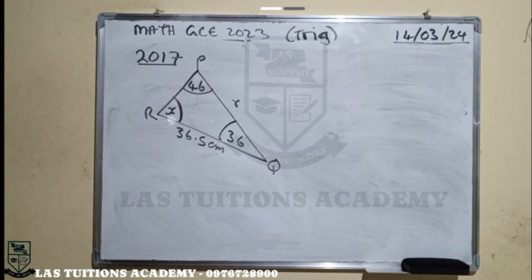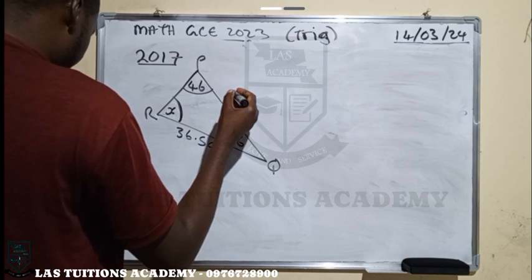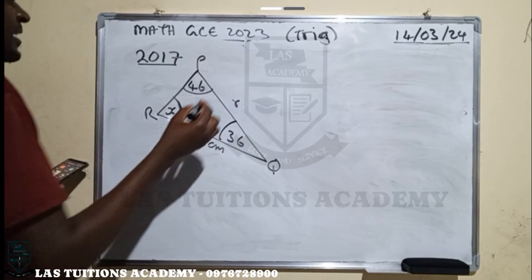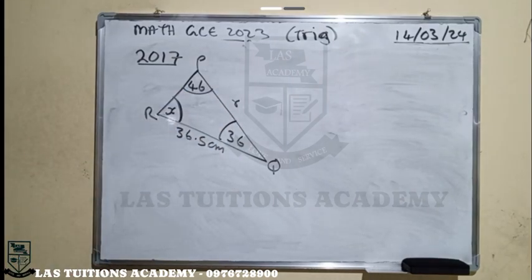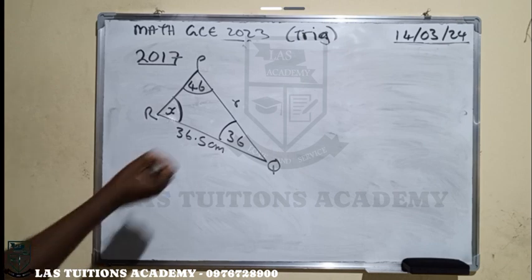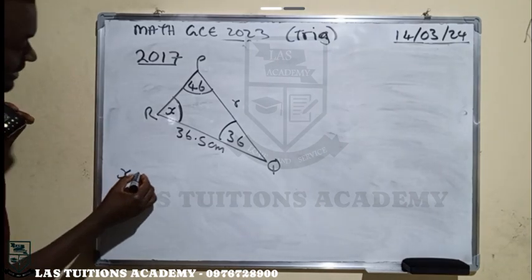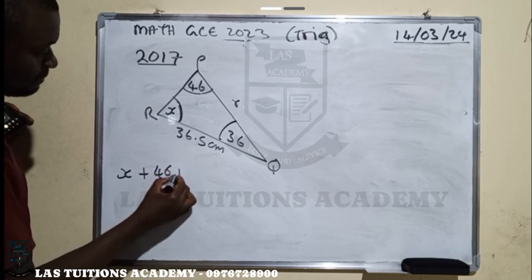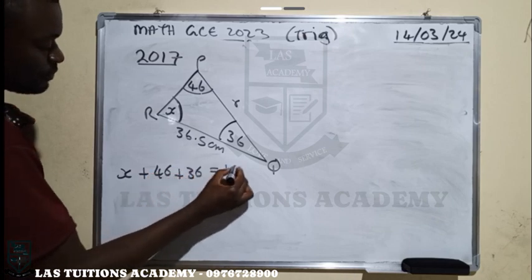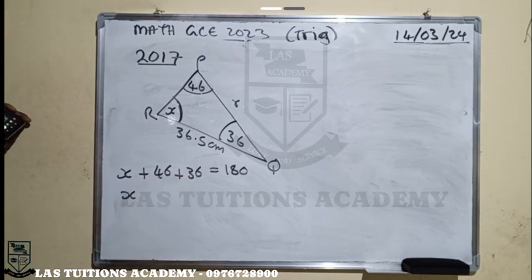Okay, so this angle X here. The total interior angles is 180. So when we add all the three angles here, we should get 180. So X plus 46 plus 36 should give us 180. So now 36 plus 46, what do we get?